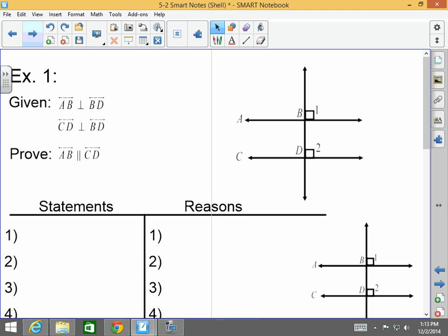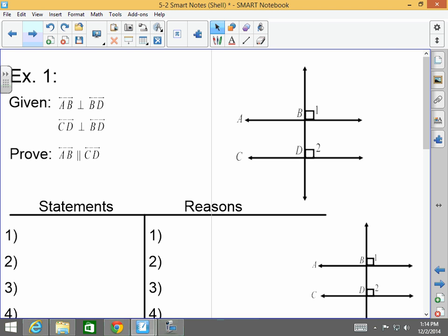Here I have that AB is perpendicular to BD, and I have that CD is also perpendicular to BD. I want to prove that AB is parallel to CD.